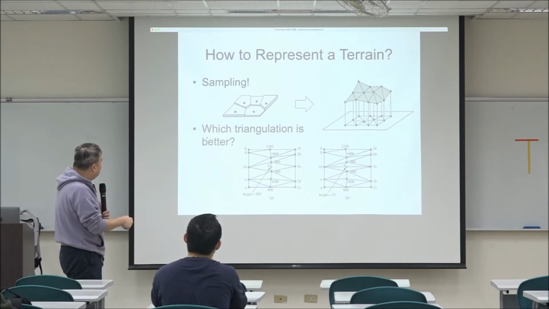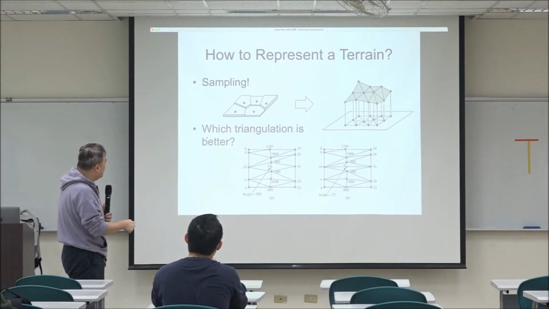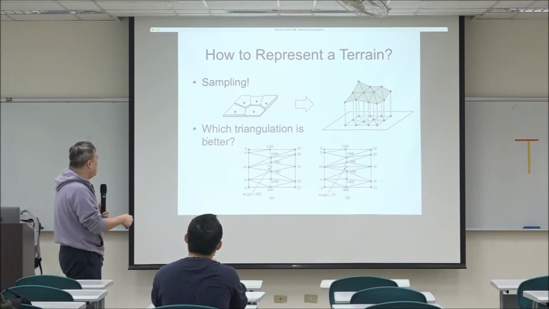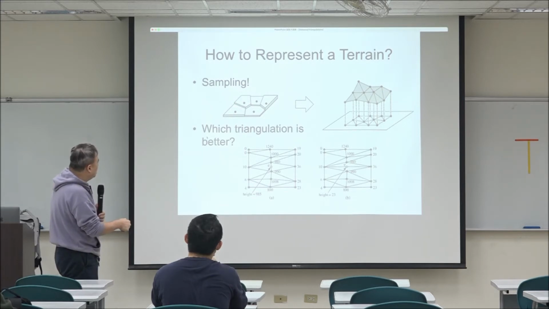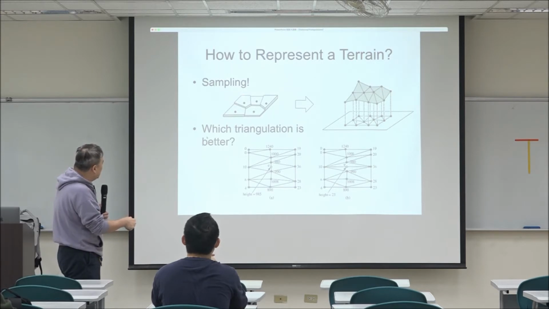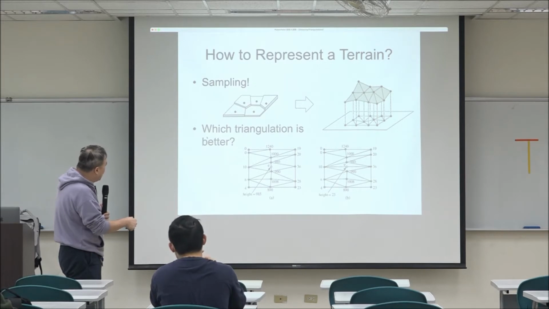When you have these sample points, you obviously don't want to say that the area close to this point will be this height, and the area close to that point will be that height. Normally, you don't do that.